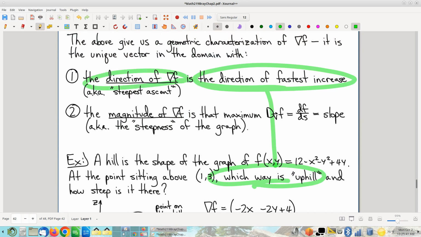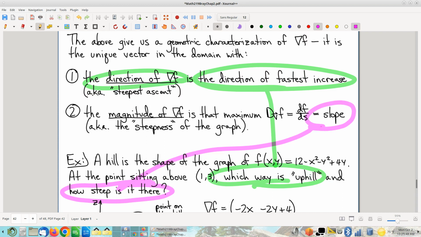And how steep is it there? That is the slope of the graph, which is the magnitude of the gradient vector. So the question that's been asked is really just asking us to compute the gradient vector and then observe that the direction is the direction you want, and the magnitude is the magnitude you want. Does that make sense to everybody? Is everybody on board?